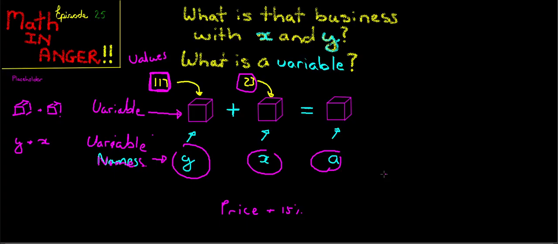So we do this kind of thing, and then we tell people X is whatever the price is for what you're trying to work out.